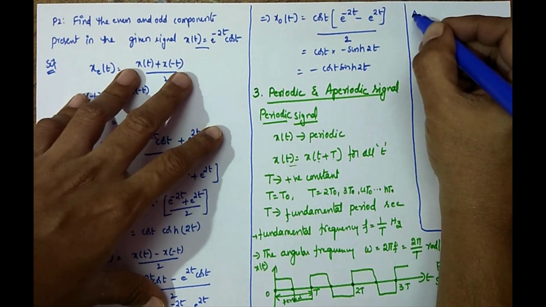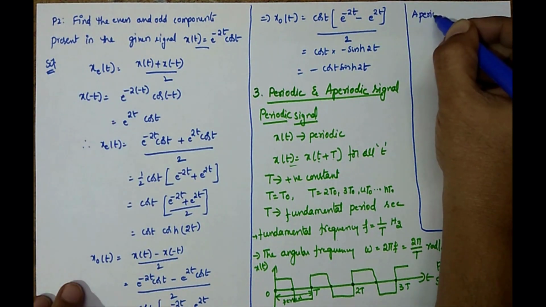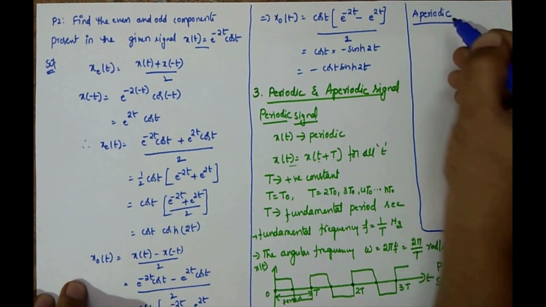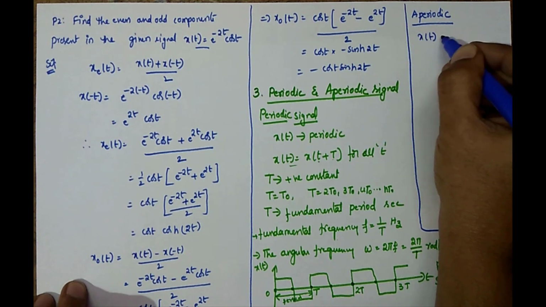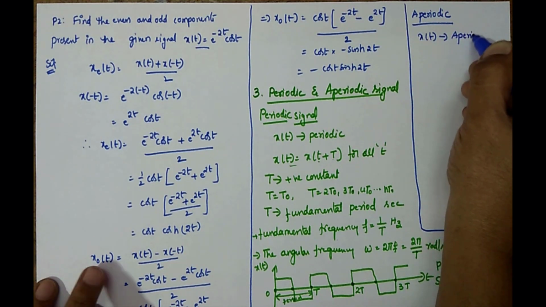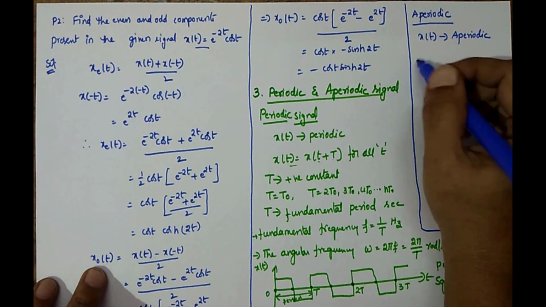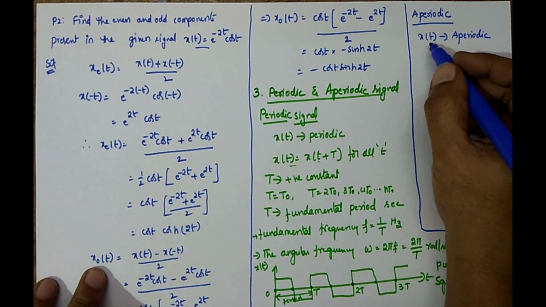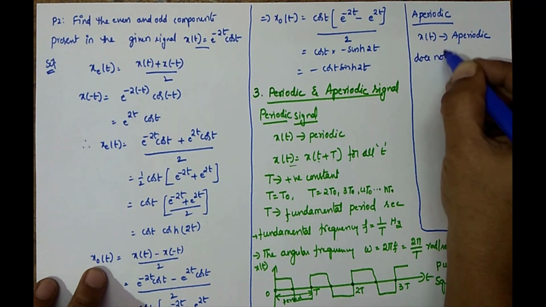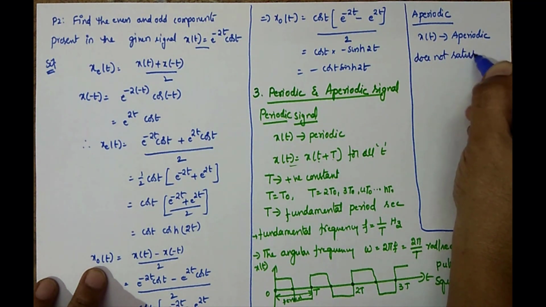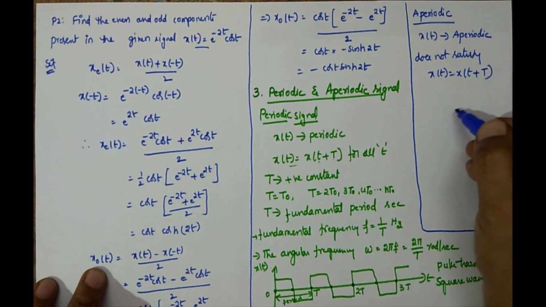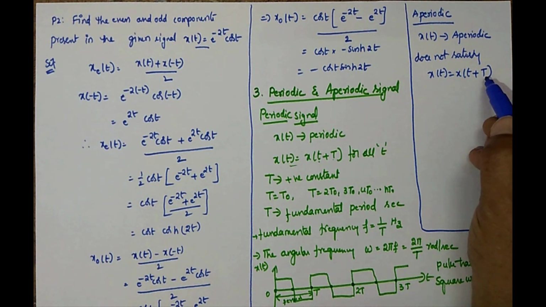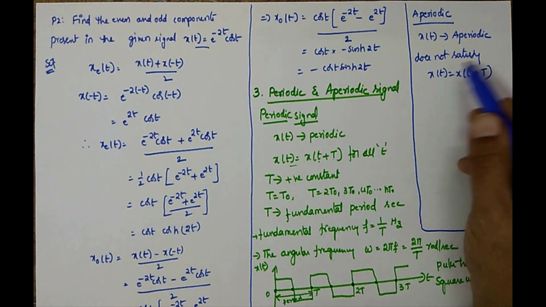Then, what is an aperiodic signal? A signal x of t is said to be aperiodic if it does not satisfy x of t equal to x of t plus T. It means there is no value of T which can repeat the signal.